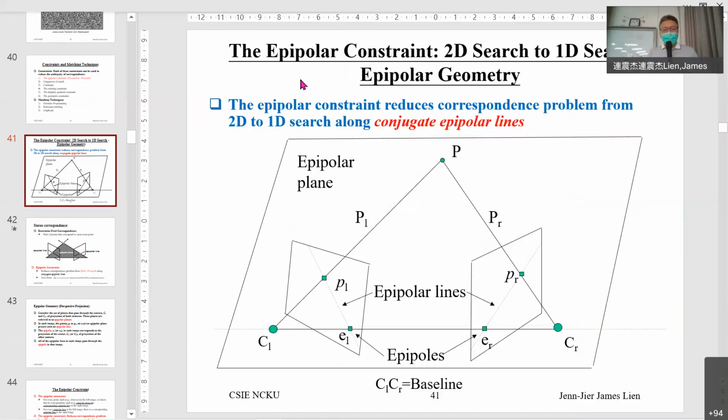So what's the epipolar line? Sorry, the epipolar constraint is this one. 定义一下。First of all, there are two cameras, a left camera and a right camera, right? This line is the baseline. In 3D, this is a camera center.